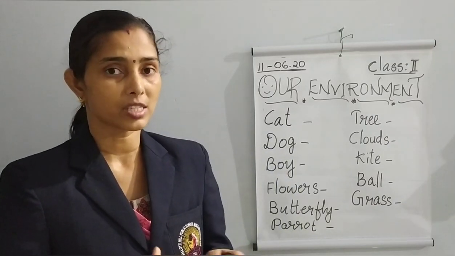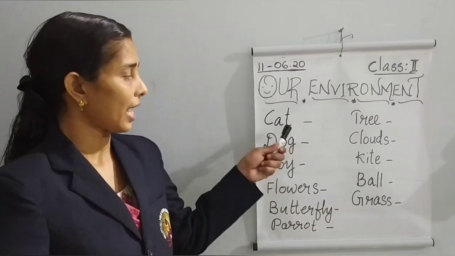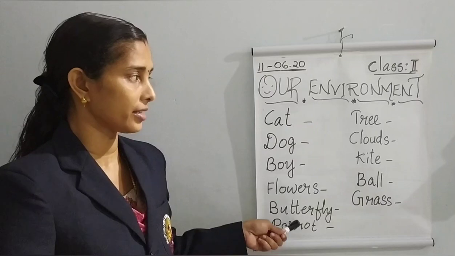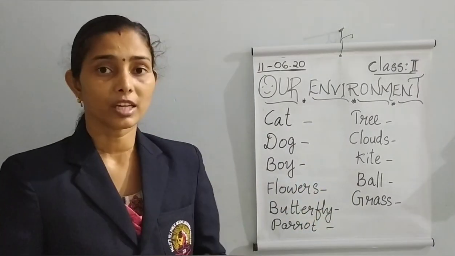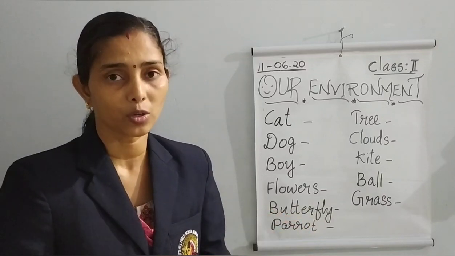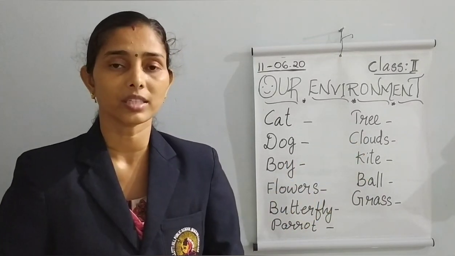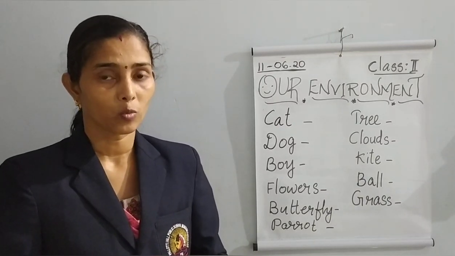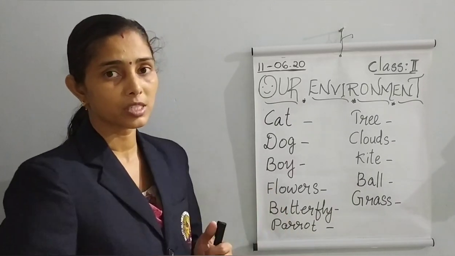So we can see these features here also. Cat, dog, boy, flowers, butterfly, parrot, tree, grass. These all are included in one group, and the cloud, kite, ball are included in another group. What can we call them? What can we put in two groups?